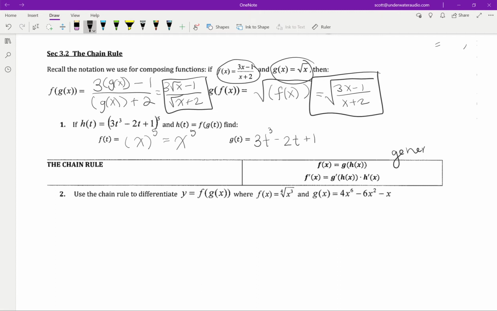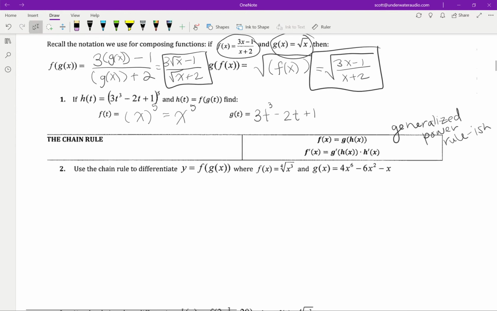The generalized power rule is very similar. This one is just stronger. So again, this is something to put on a note card. It would be great if you had it memorized, but not everybody's brain is all into memorization, so just write it on your note card.